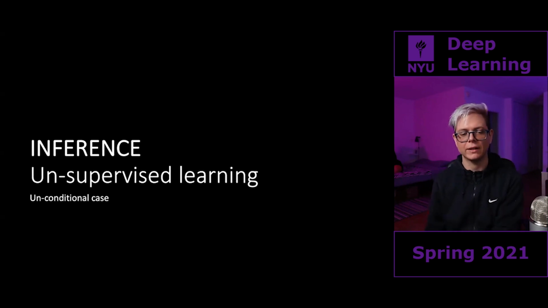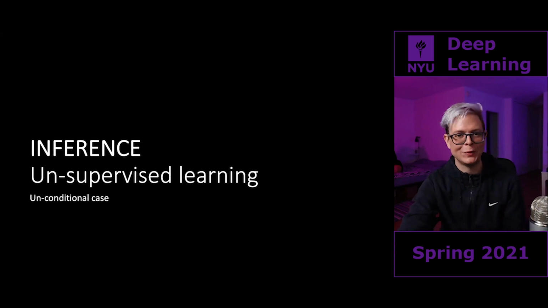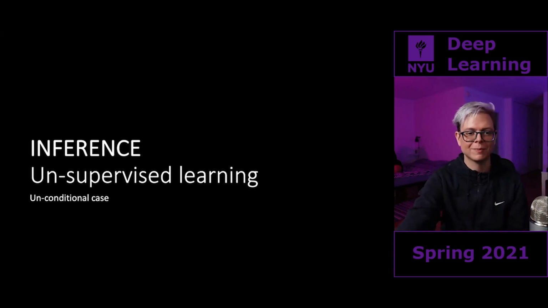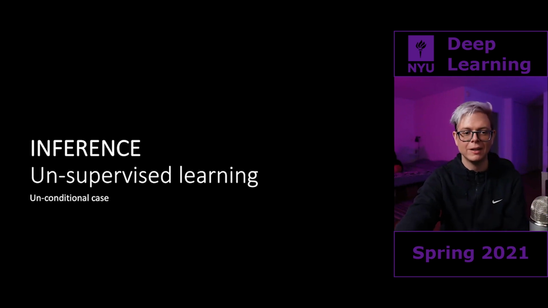In the energy-based model, unsupervised learning is also called the unconditional case. More about this in a few seconds, just bear with me. It's a bit confusing, I'm aware, because again, there are no labels in this case. So what I said just a second ago is not correct. Unsupervised means unconditional case, okay? There are no labels because we are not doing classification.